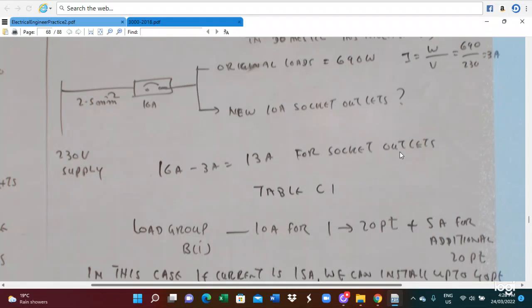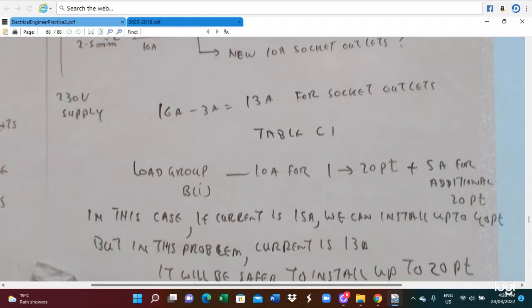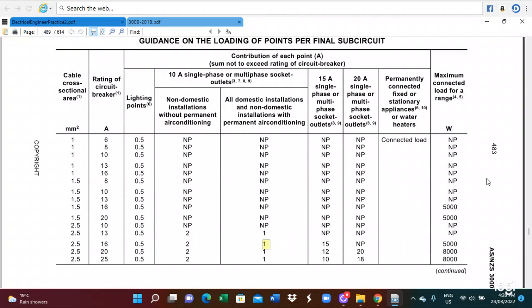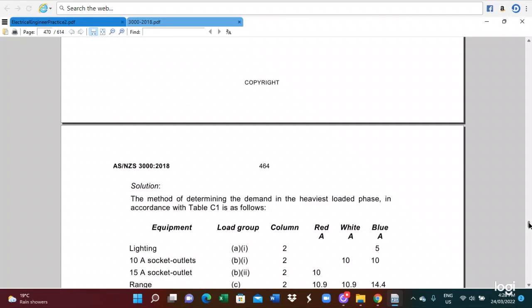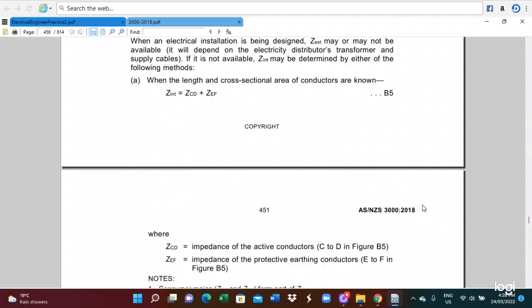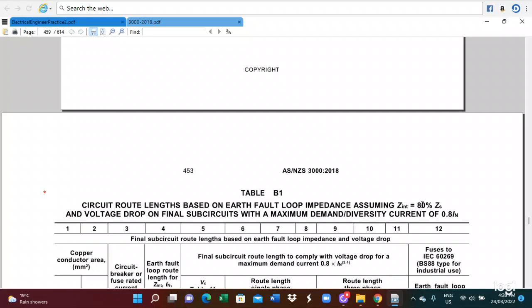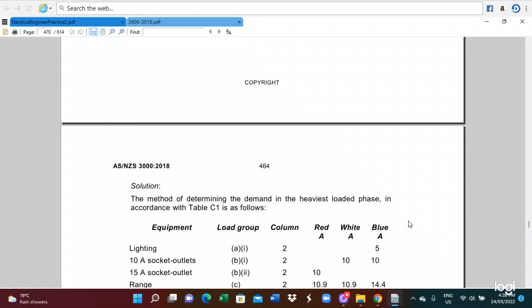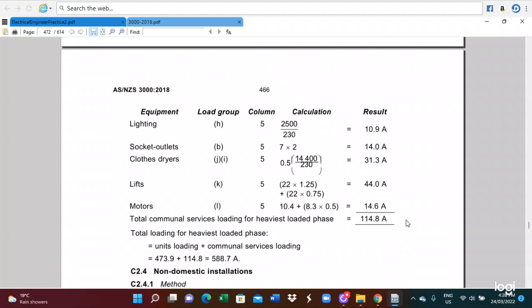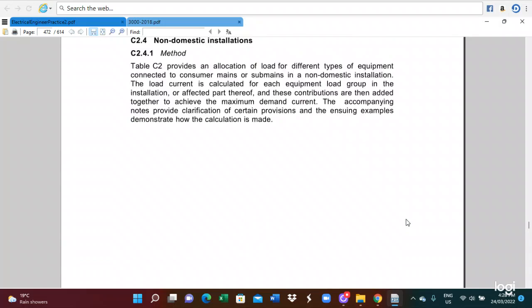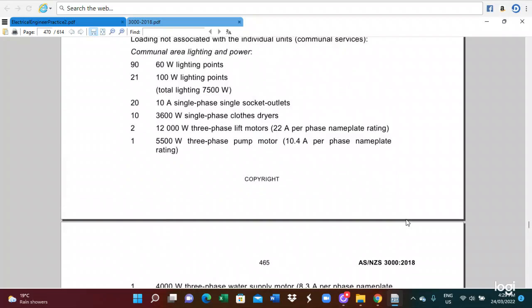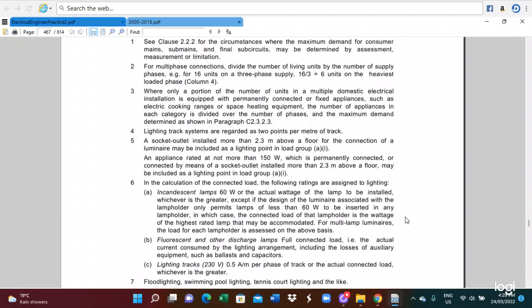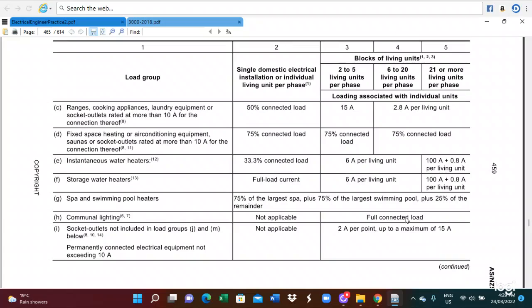We go up and we find the table C1. So table C1 here, this is table C1.